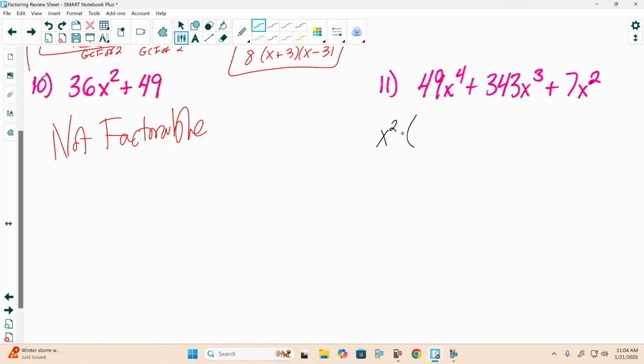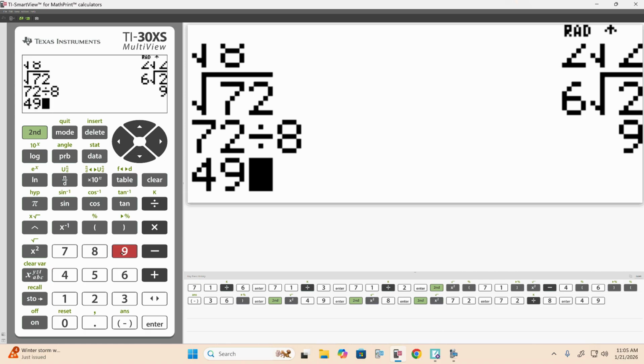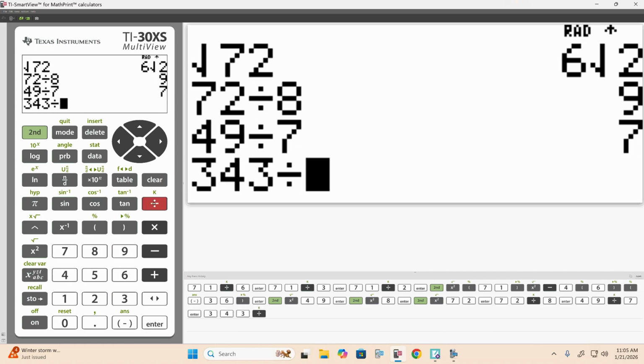We need to see if there's a number that goes into all three. What's one number that could work? 7, because 7's prime. So if there's going to be a number, 49 has to divide by 7, and it does. And 343 has to divide by 7, and it does.